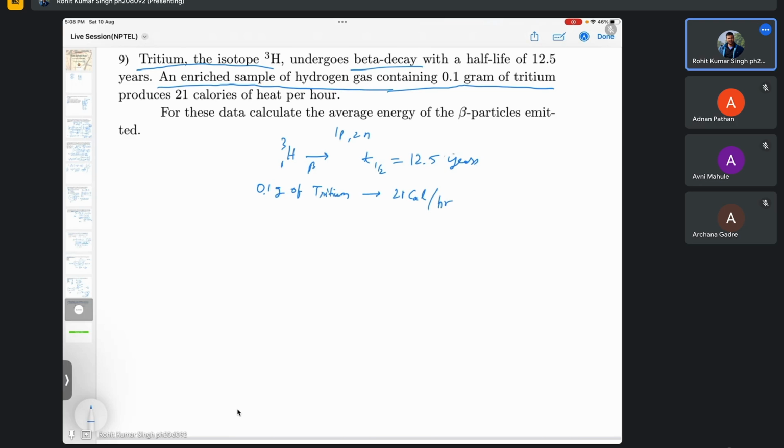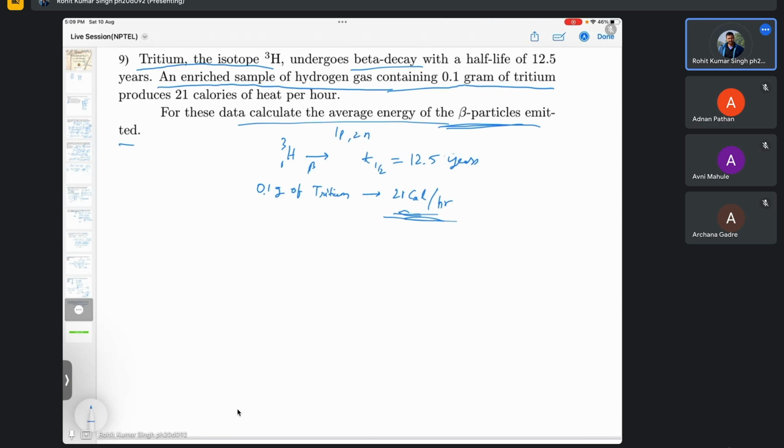So via this decay, it produces this energy per hour. For these data, we have to calculate the average energy of the beta particles emitted. This energy is being carried out by the beta particles. So we have to calculate the average energy of beta particles. That is the question.